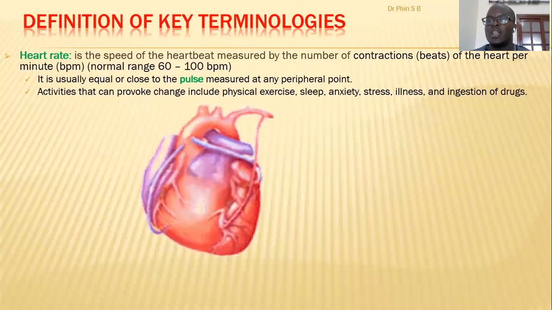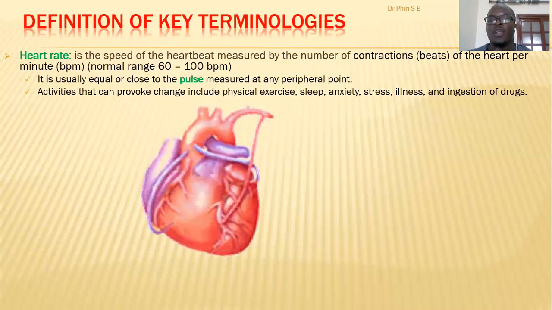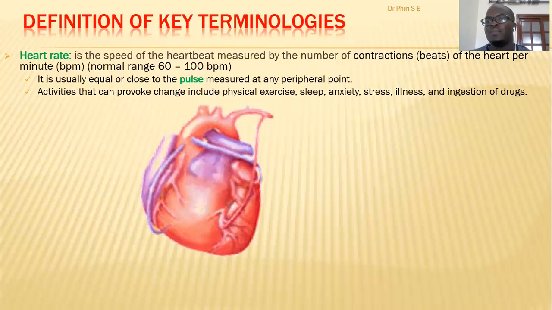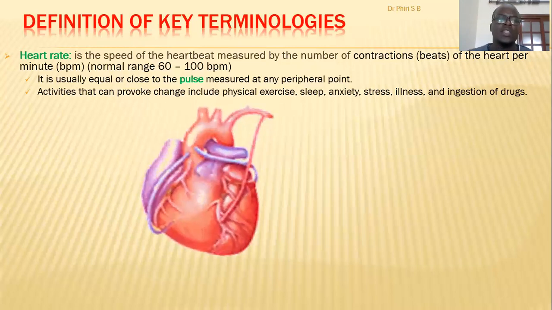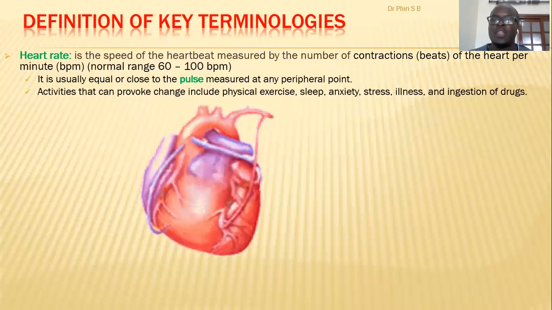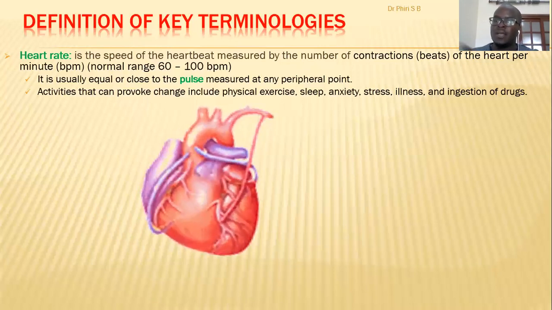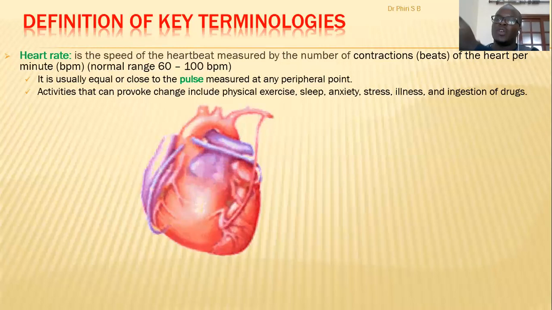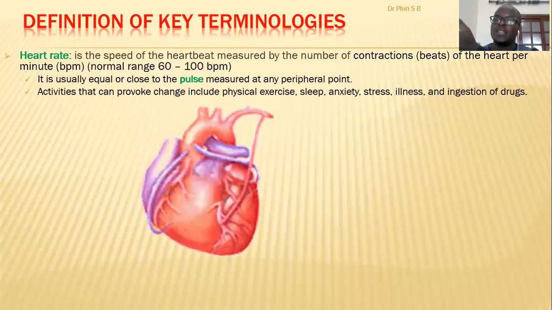That will bring about contraction of the ventricles and the atria at least 60 to 100 times per minute. It is usually equal or close to the pulse that is measured at a peripheral point. So you have a pressure pulse that you can feel at different locations of the body, depending on the artery that you're looking at.